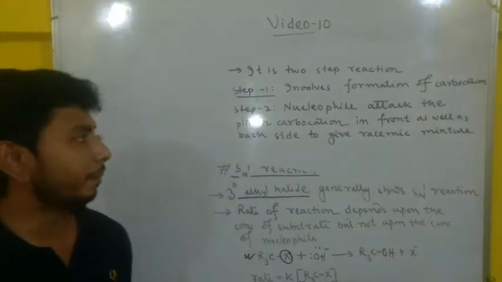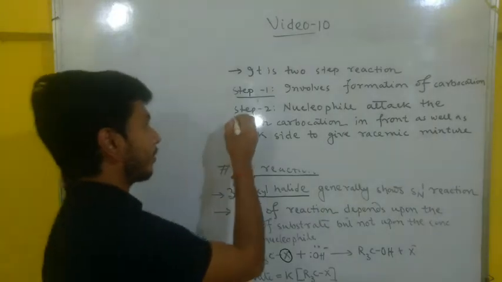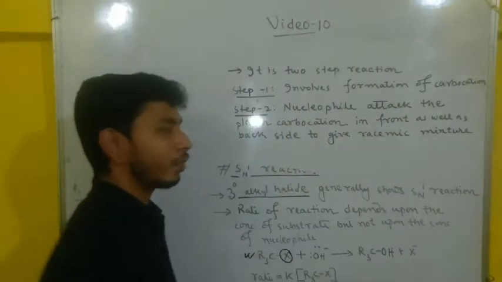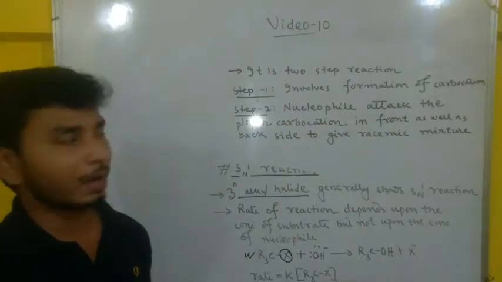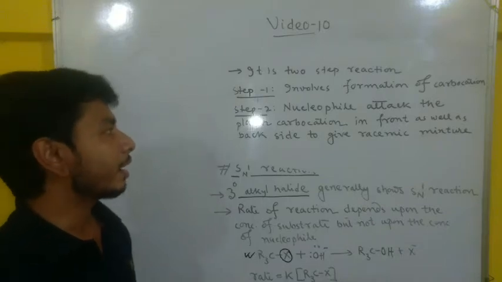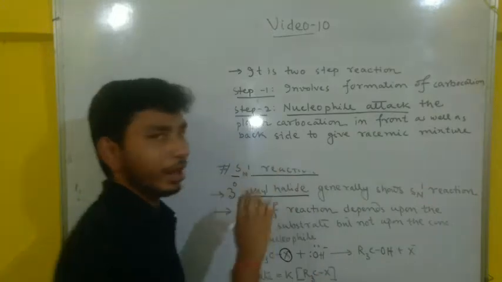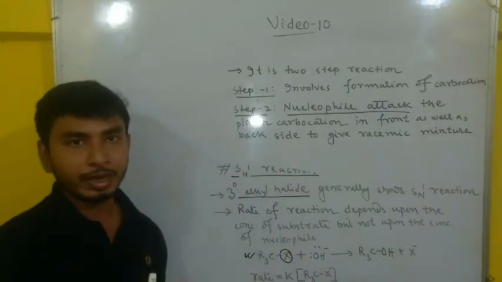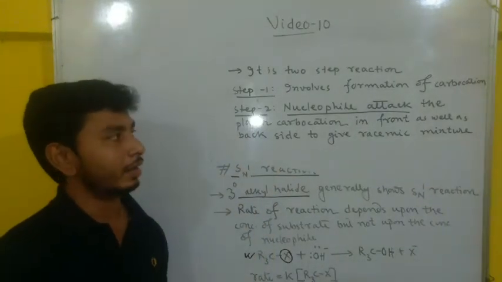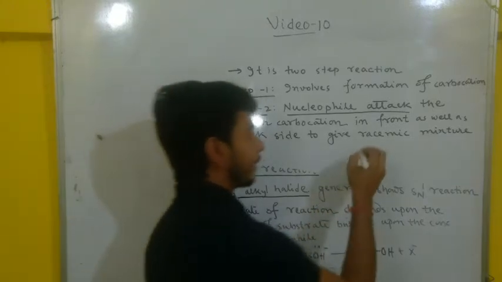So it is a two-step reaction. In the first step, carbocation is generated, and in the second step, the nucleophile attacks the carbocation in front side as well as in back side to give the racemic mixture.